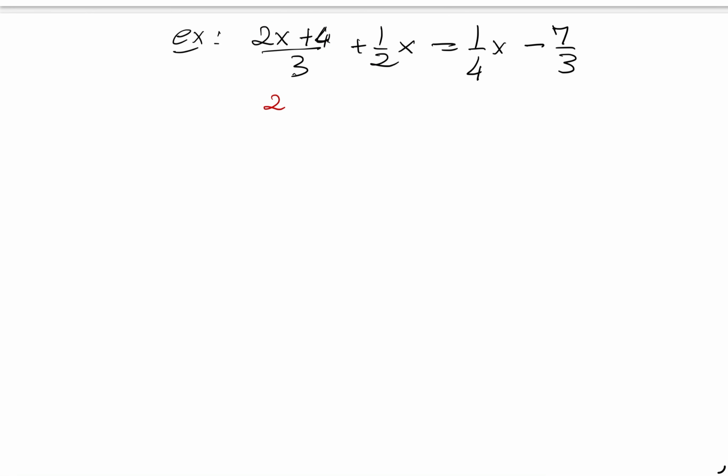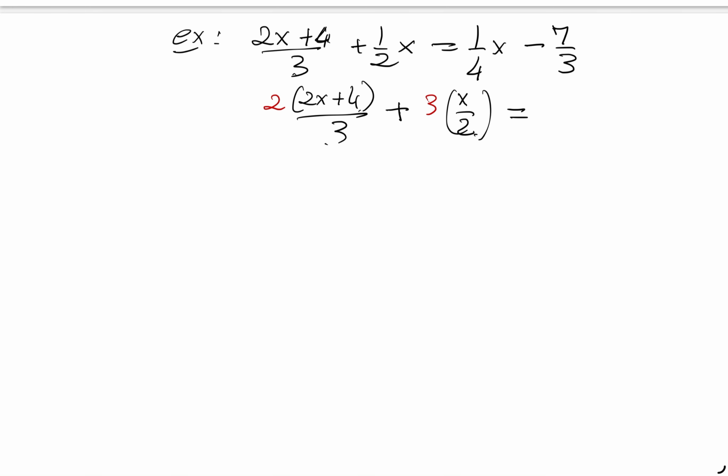2 and you put the parentheses here, (2x + 4)/3. And you have plus 3 times x divided by 2 is equal to, do the same thing here.